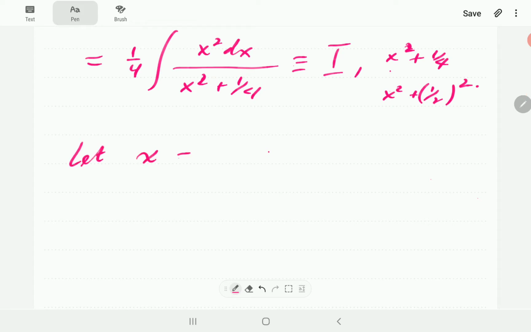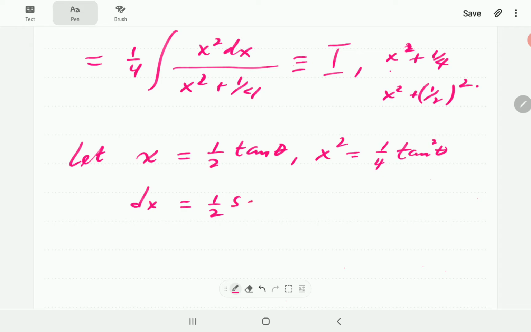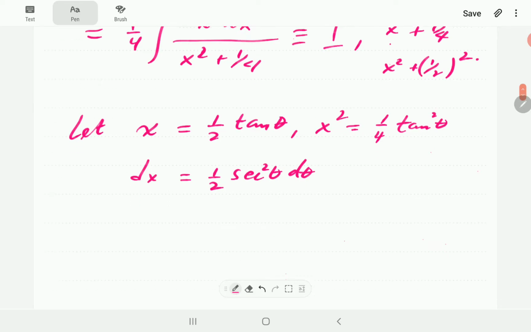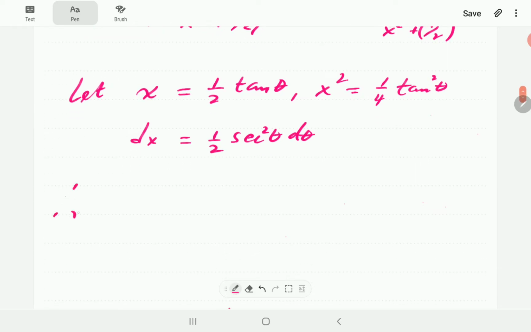So we're going to let x be 1/2 tangent theta. x squared is then going to be 1 over 4 tangent squared theta. dx on the other hand is going to be 1/2 times the derivative of tangent, which is secant squared.